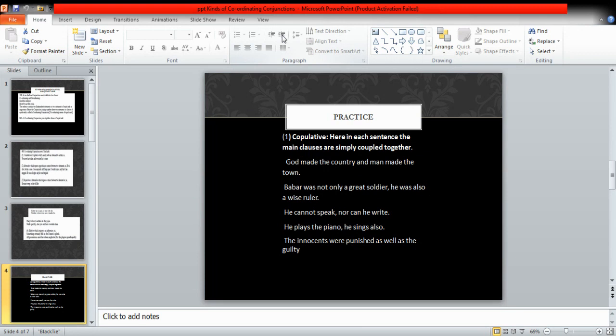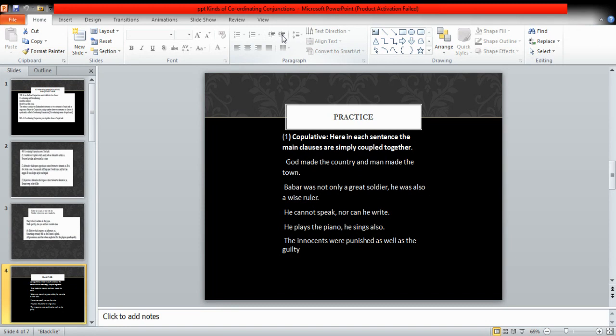Like I told you, whenever we have a copulative conjunction in the sentence, it means that only two statements have been joined together. God made the country and man made the town. Babur was not only a great soldier, he was also a wise ruler. He cannot speak, nor can he write. He plays the piano. He sings also.